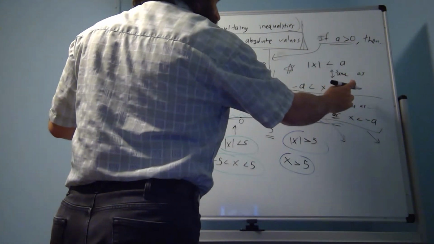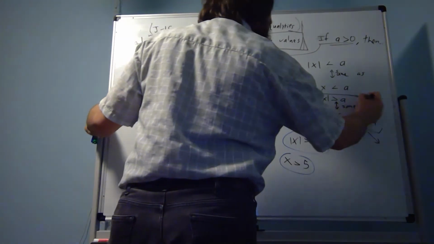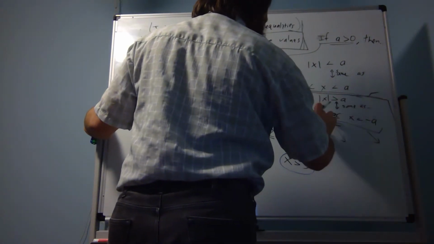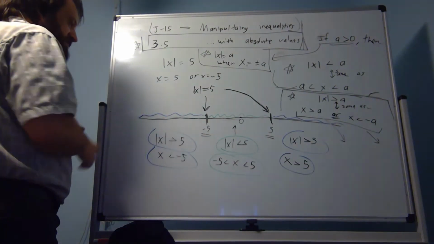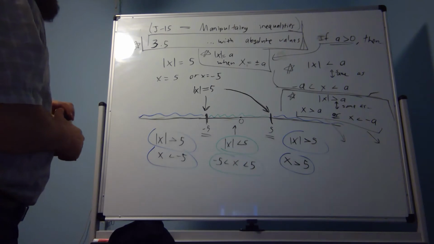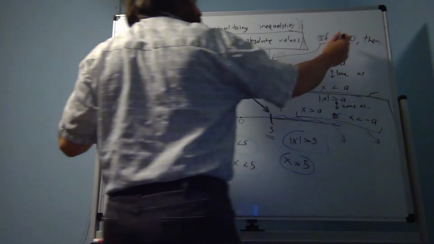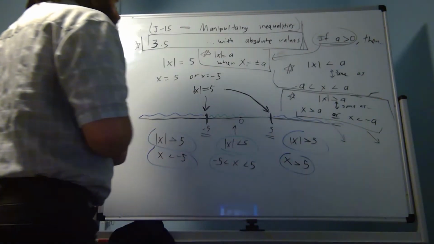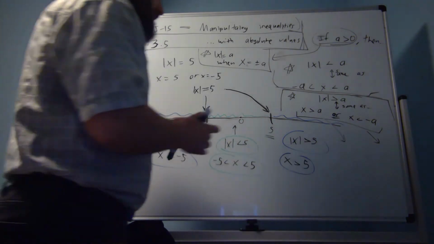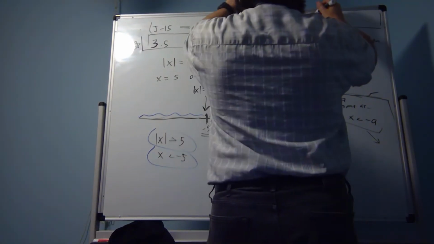The absolute value of x is bigger than 5 when x is bigger than 5, but it's also true when x is less than negative 5. So we'll do a few of those. And a side remark, there aren't that many like this in the book, I don't think.